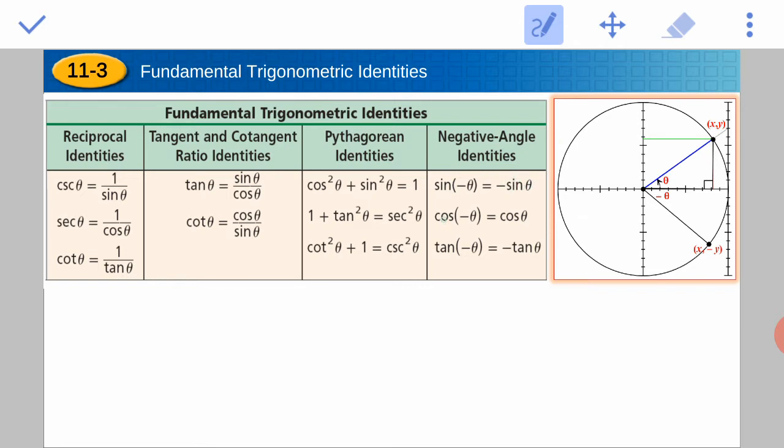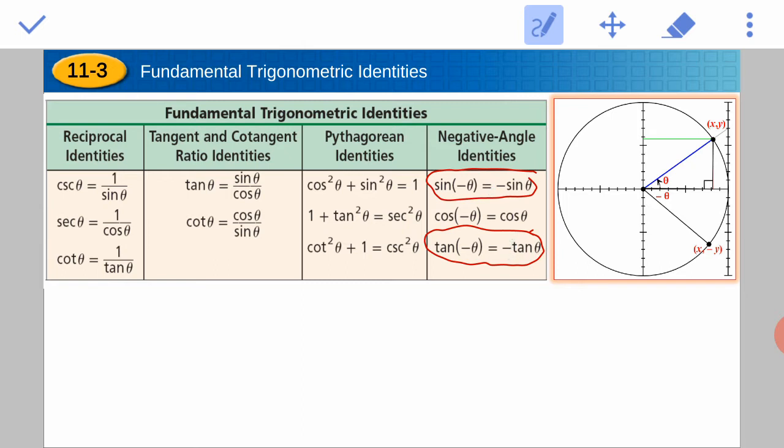Second one, cosine of angle negative theta is equal to cosine of angle theta. They are the same. Third one is similar to the first one. Tangent of the angle negative theta is equal to negative outside tangent theta. So guys, in the first one and in the last one, it seems like we take the negative sign outside the sine and the tan ratio.